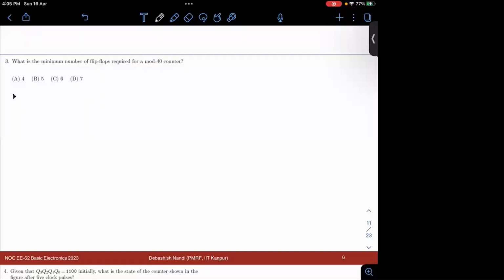So suppose you have n numbers of flip-flops. Okay. So what is the maximum number of counter? The maximum modulus of a counter refers to the number of different states you can count.